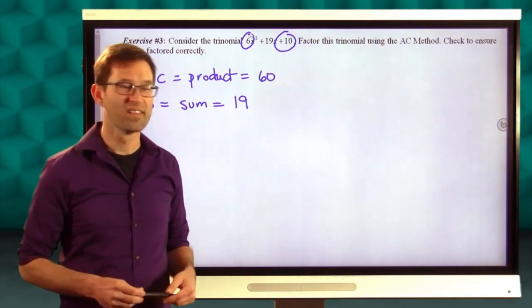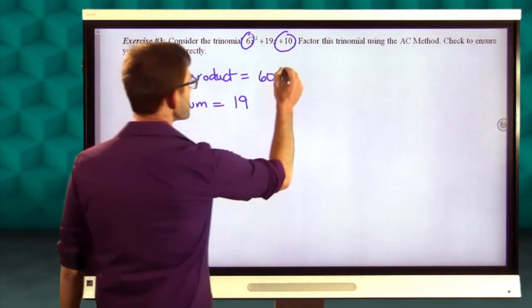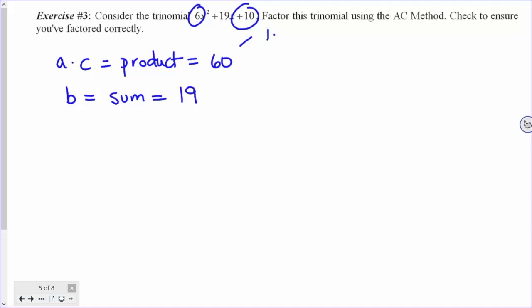All right, let's go through it. Now again, there are a lot of selections for 60. Could be 1 times 60, 2 times 30, 3 times 20, 4 times 15, 5 times 12, 6 times 10. Actually, I think that's it.